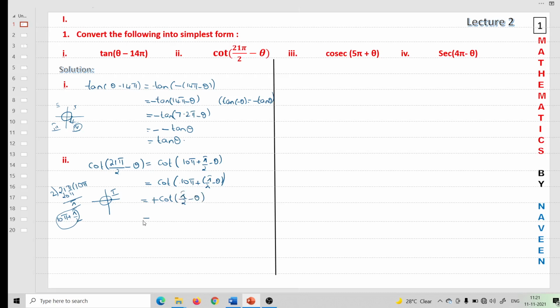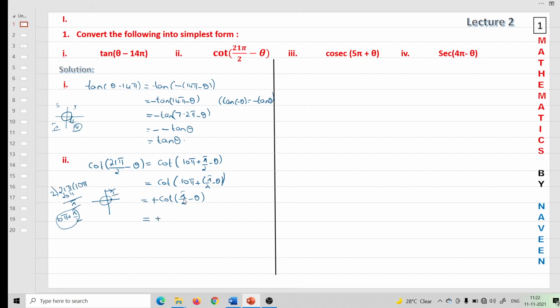Now pi by 2 minus theta. Pi by 2 means here 90 degrees. Minus theta means left side, downward, which is also the first quadrant. In the first quadrant, all trigonometric ratios are positive, so plus.